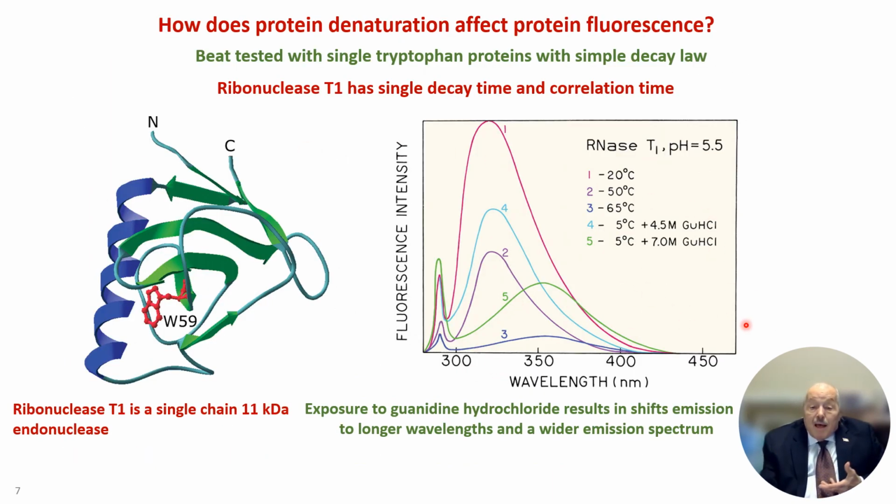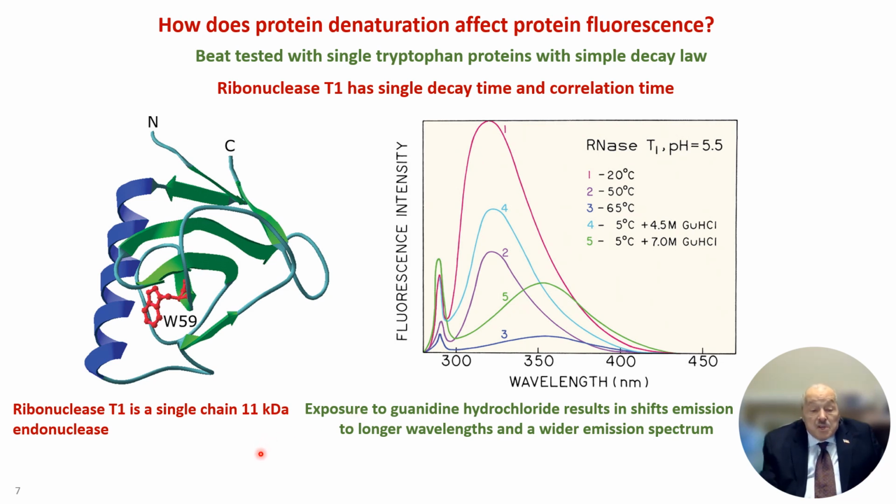So how are the spectral properties of proteins linked to their three-dimensional structure or their being in a native state in solution? One of the best examples of this is ribonuclease T1.